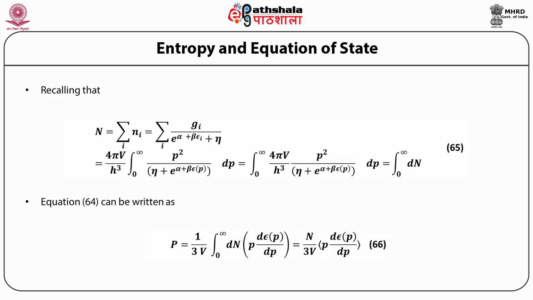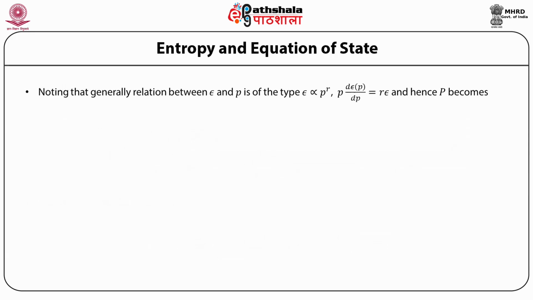or is equal to N upon 3V multiplied by p d epsilon p by dp. Noting that generally the relation between epsilon and p is of the type epsilon is proportional to p raised to the power r, p d epsilon p by dp is equal to r epsilon, and hence P becomes equal to r times N divided by 3V multiplied by the mean value of epsilon.